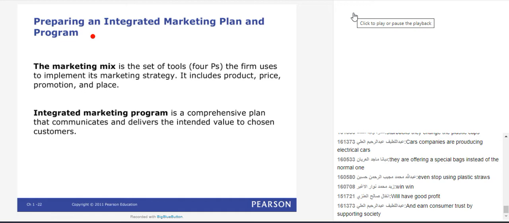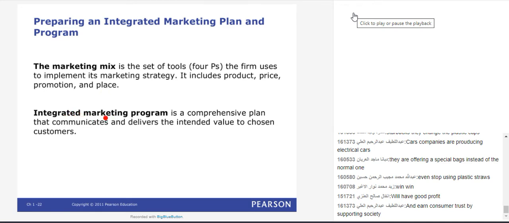What is the marketing mix? It's a set of tools, and the main tools in this marketing mix are four. Maybe you heard about it before if you studied BUS 110 and many other courses. They are the four P's. It includes product, price, promotion, and place.